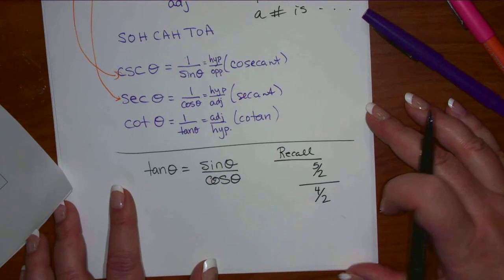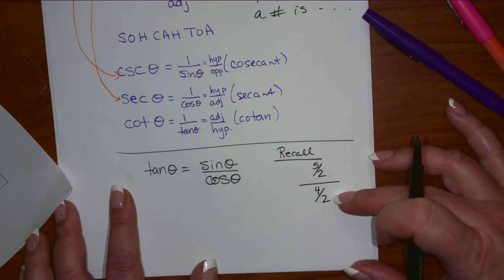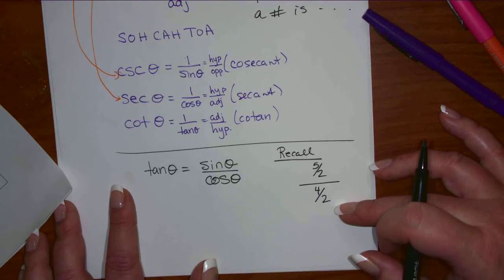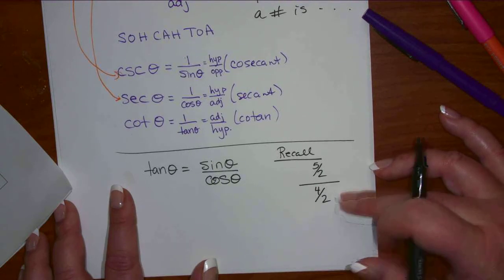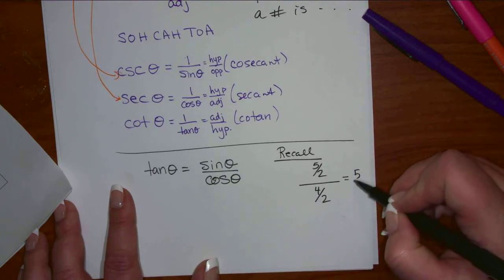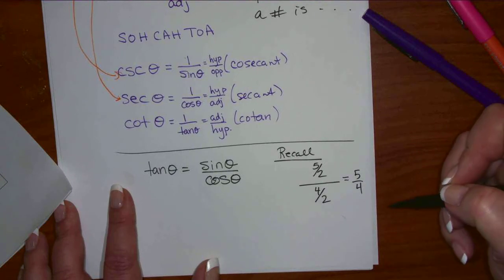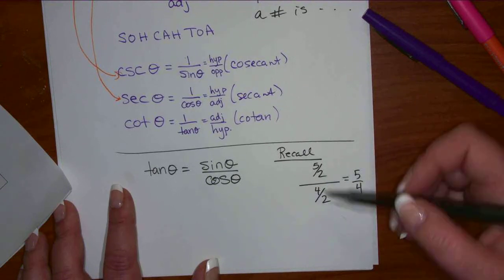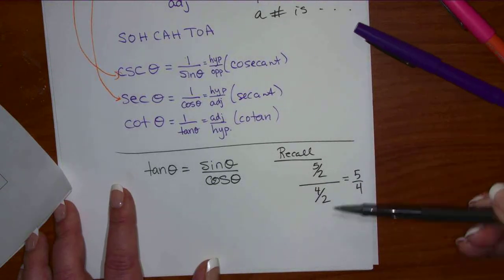The 2's actually cancel because they're the same on top and on bottom. There's a half on top and a half on bottom. They'll actually cancel. You can just ignore them. And the answer is what? 5 over 4. All right? So that's something we did see before. You could take the reciprocal, the 2's will cancel. But if there's a divided by 2 on top, a divided by 2 on bottom, they cancel. They're the same thing on top and bottom.